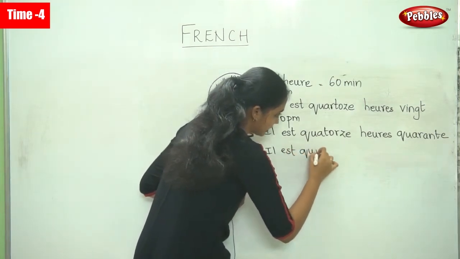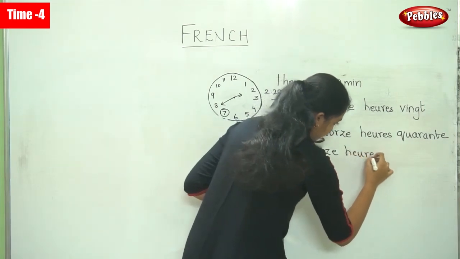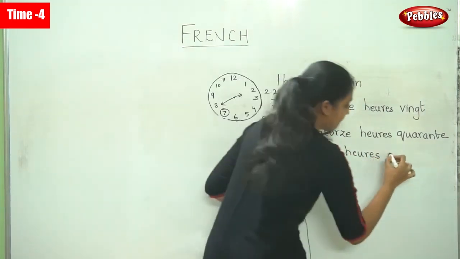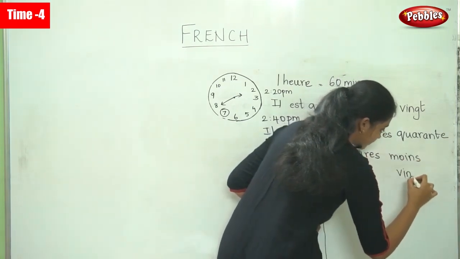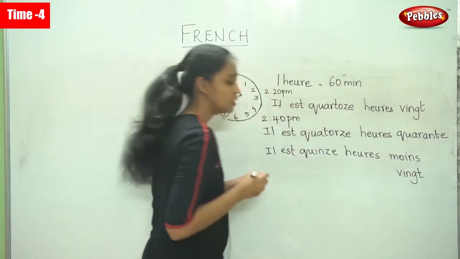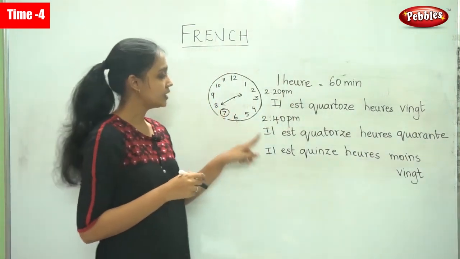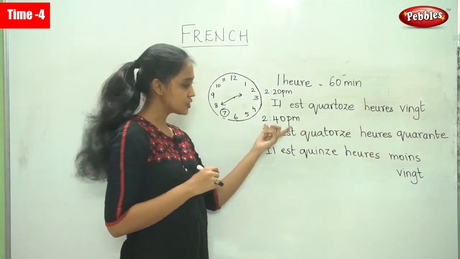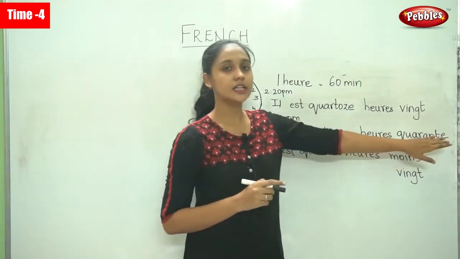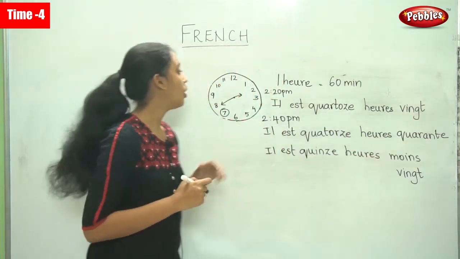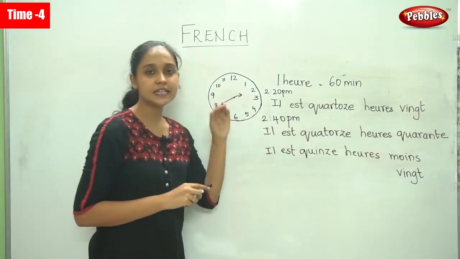So, 15 hours moins 20. 15 hours minus 20 would be 14:40, that is 2:40 p.m. So you can either say it using the actual minutes, or you can say it as a subtraction from the next hour.